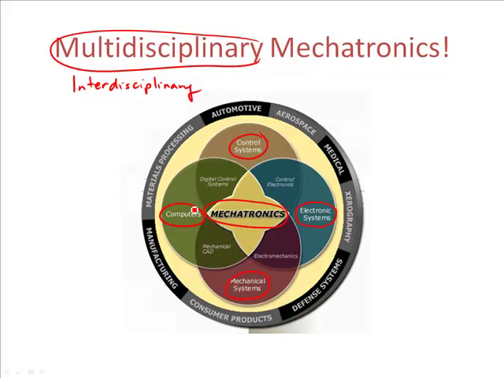For example, electronics and control systems overlap to create control electronics. We have electromechanics when electronic systems overlap with mechanical systems, and so on. And so where all four of these areas come together forms this central area of mechatronics. Okay, so the point here is that it's an interdisciplinary area, and that there are a lot of application areas.